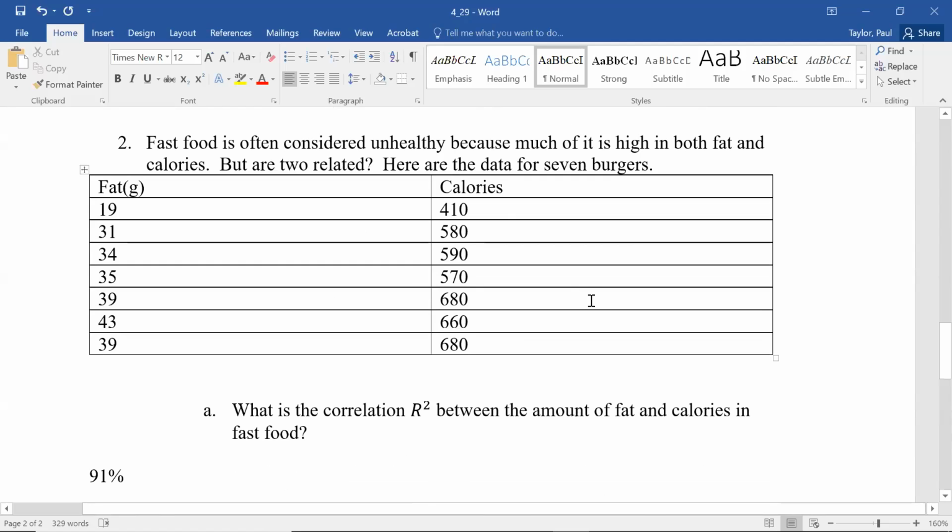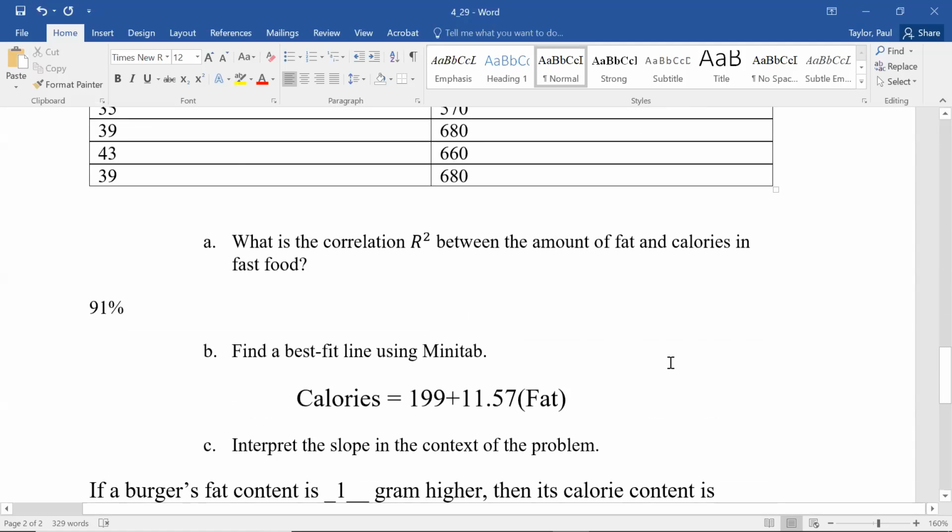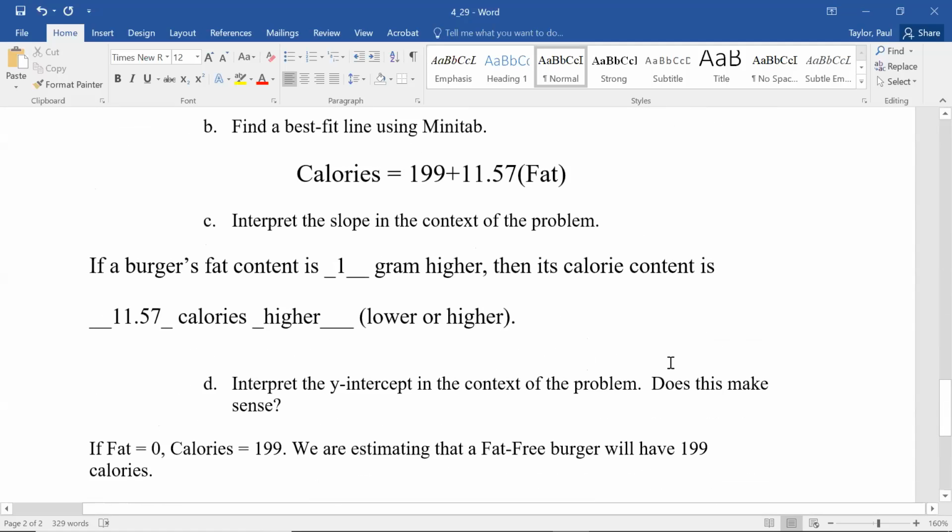We say taller people probably weigh more, shorter people probably weigh less, and it wouldn't be perfect because people have different body shapes, but generally there's probably a correlation between taller means heavier. But in that context, setting your height to 0 doesn't make sense. There are no people whose height is equal to 0. So sometimes setting the x-coordinate to 0 doesn't make any sense in the context of the question.